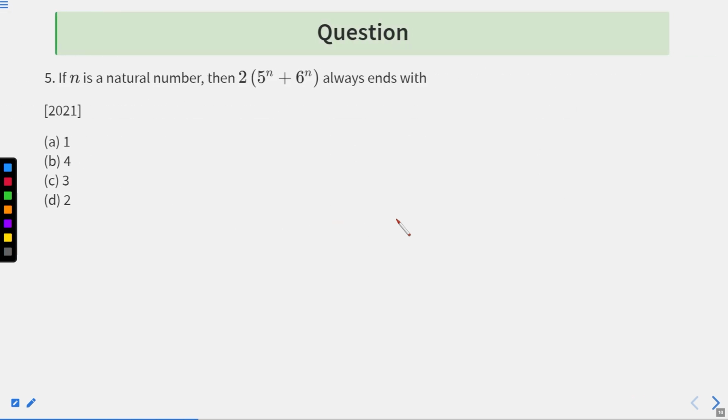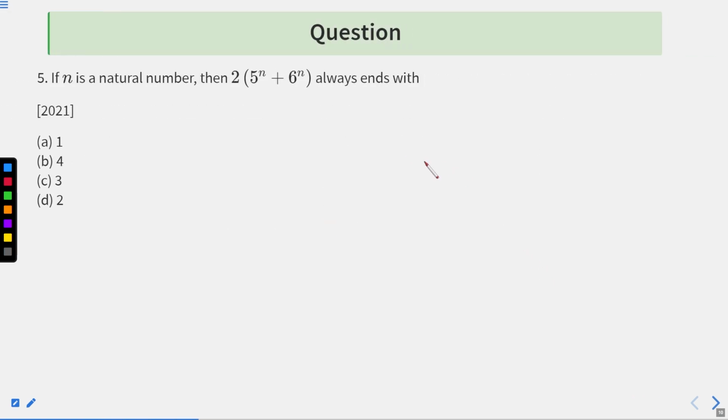Now let us move to the next question. We have been asked: if n is a natural number, then 2 times 5 to the power n plus 6 to the power n always ends with which number?